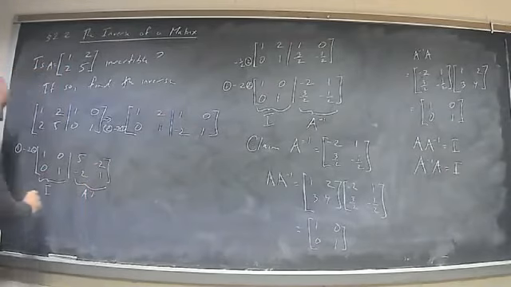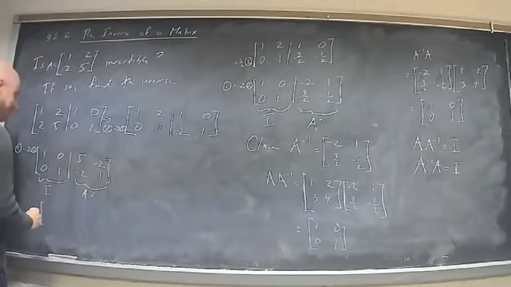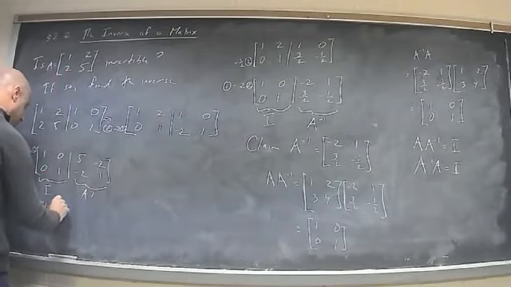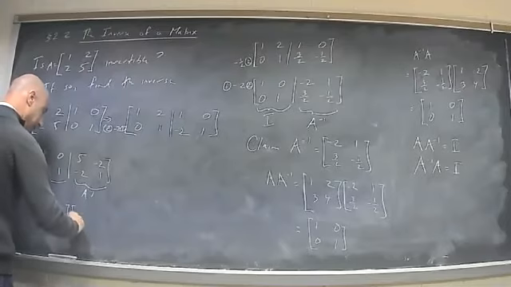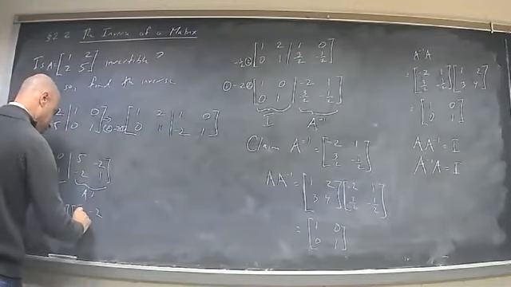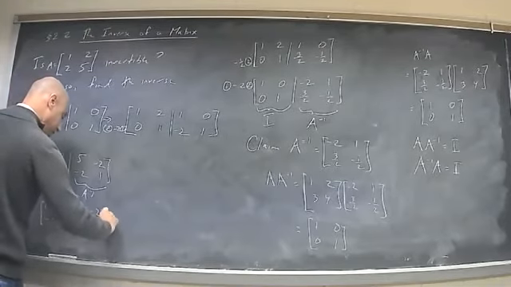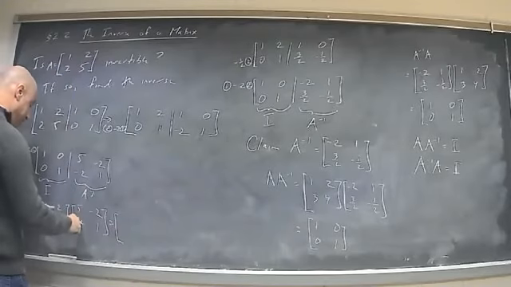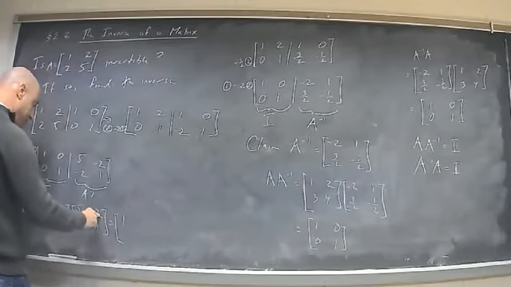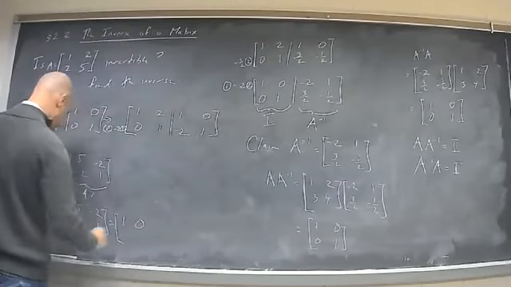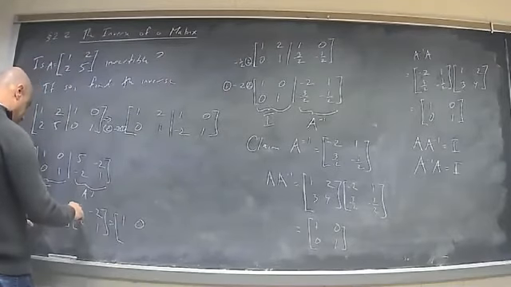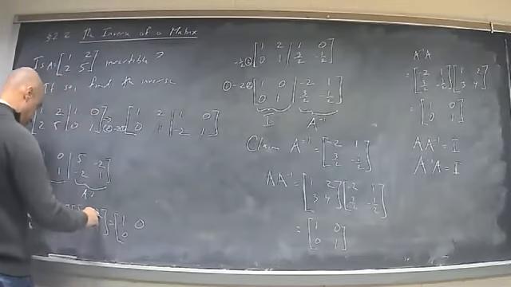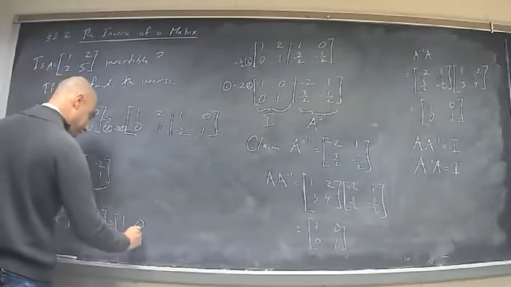Let's try it out. This time we had no fractions. [1, 2, 2, 5] times [5, -2, -2, 1]. We multiply this out. We end up with 5 minus 4, minus 2 plus 2. Let's see, 10 minus 10 and minus 4 plus 5.